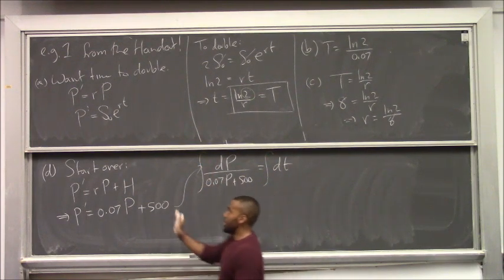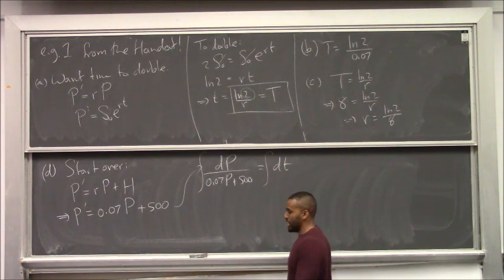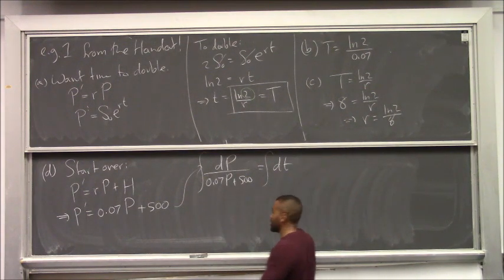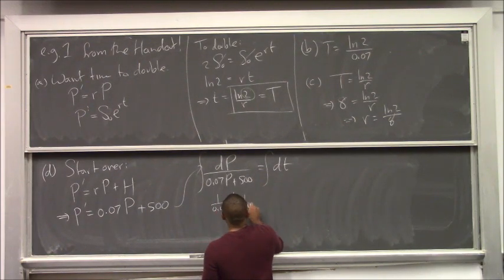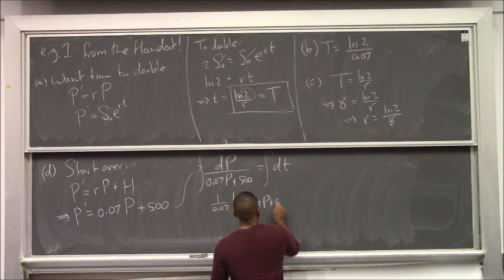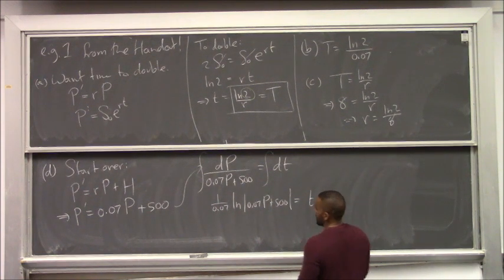Normally I tell my calc students to factor out the 0.07 first before you move over here, because I expect them to forget that they have to use the chain rule here. No, you guys aren't going to forget. So this is 1 over 0.07 ln of 0.07 p plus 500 equals t plus c.